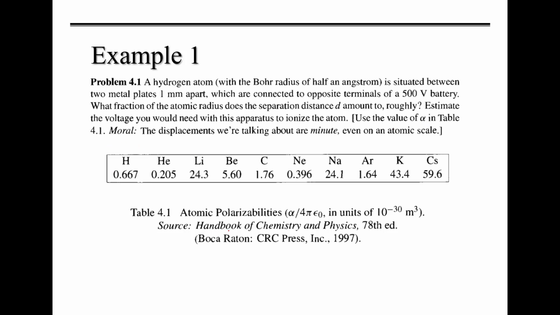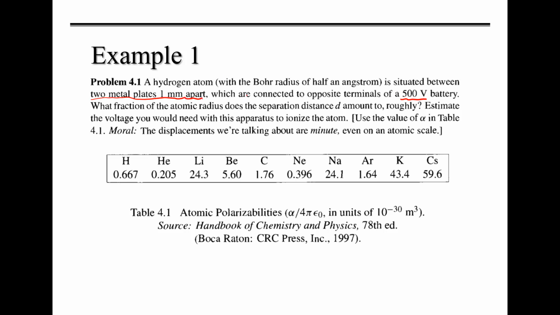So this is table 4.1, and we are talking about a hydrogen atom which has polarizability alpha over 4 pi epsilon naught, in units of 10 to the minus 30 meter cubed, equal to 0.667. We are given the voltage, which is equal to 500 volts, and the distance between the two metal plates, which is 1 millimeter apart.